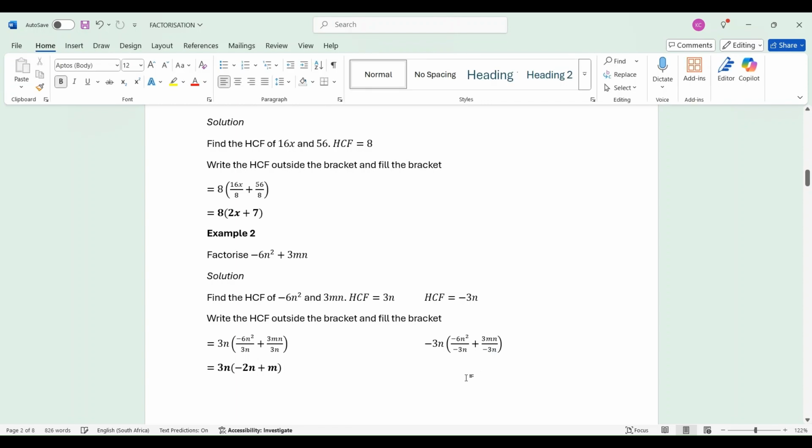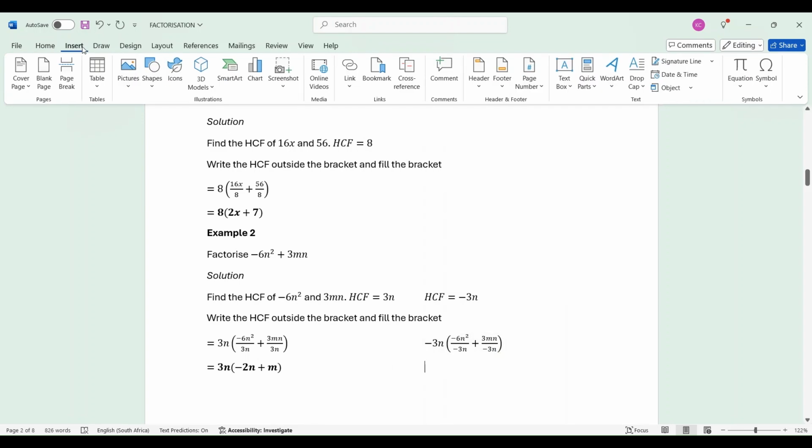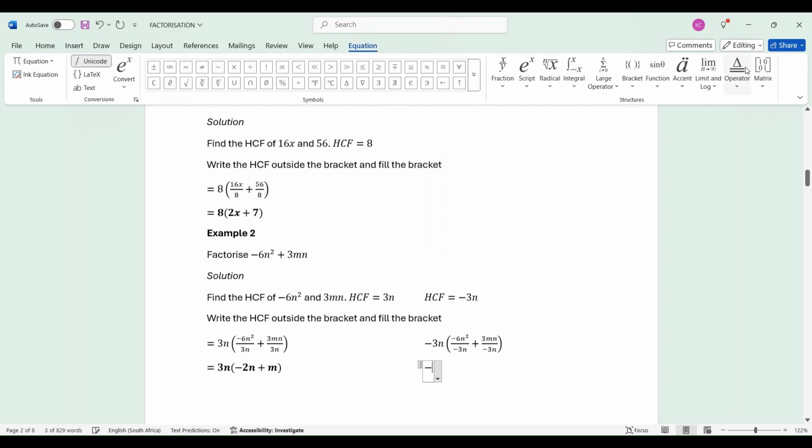Then from there, our answer becomes negative 3n outside. Then we put our bracket. Then negative 6n squared divided by negative 3n.